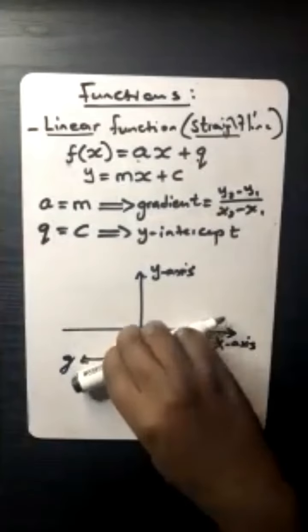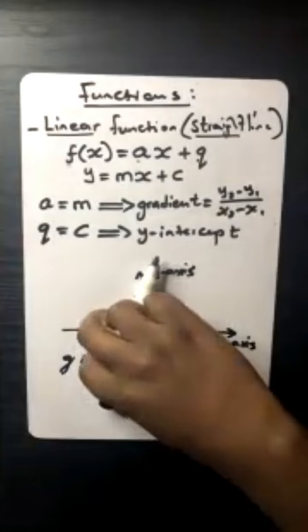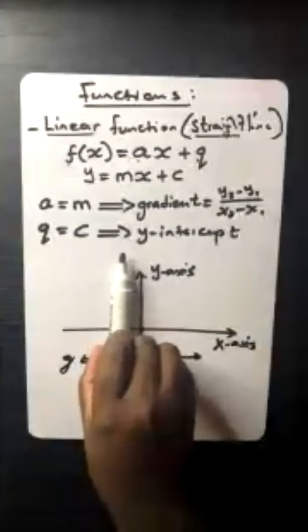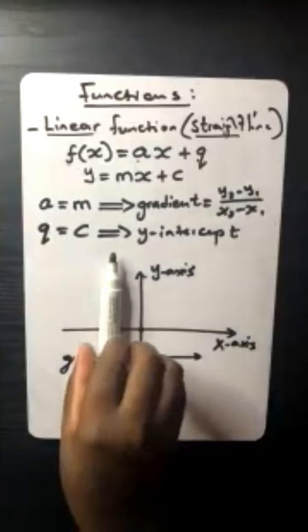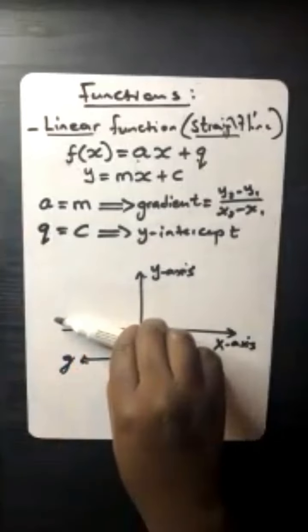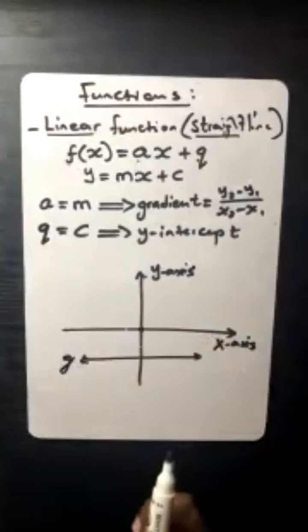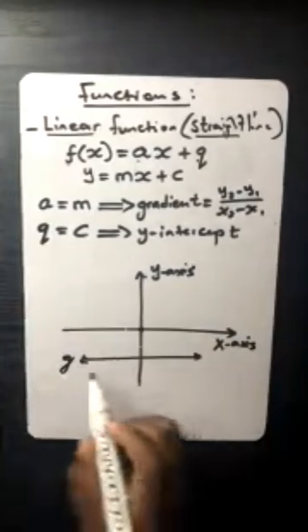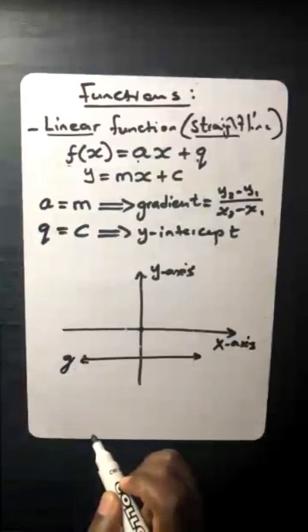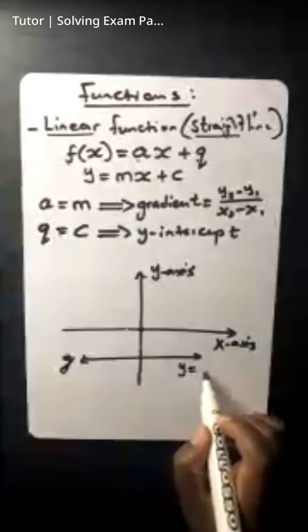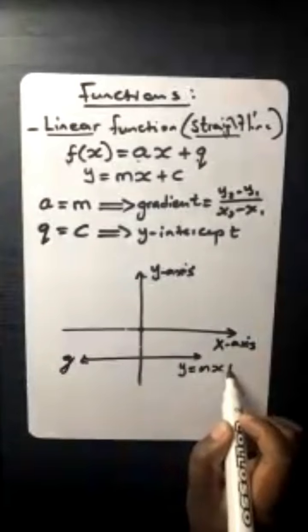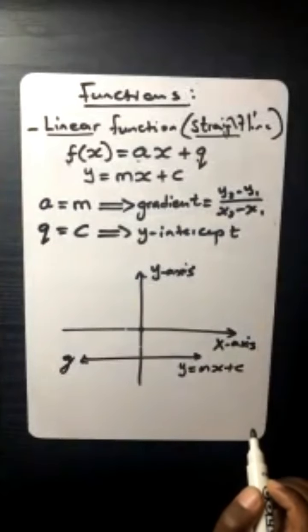So you can have a straight line in any direction, which means we can still have a vertical line, which is what I'm going to explain next. For this one, a straight line parallel to the x-axis, remember, the form is still y equals mx plus c.